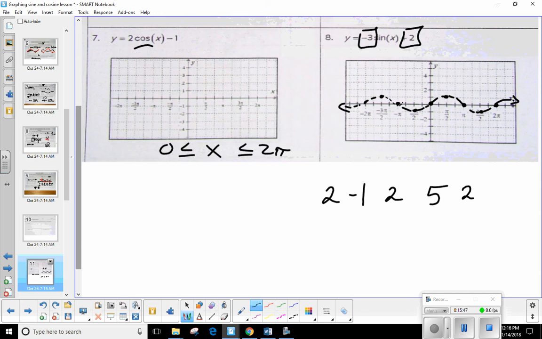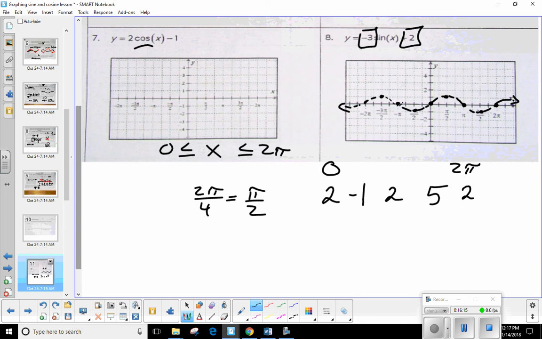Okay. All right, now how do I get my x values? Lower boundary with the first critical. Upper boundary, last critical. Now the distance from 0 to 2 pi is 2 pi. Always, always, always divide this distance by 4. So just like on the last example, it's going to be pi over 2.